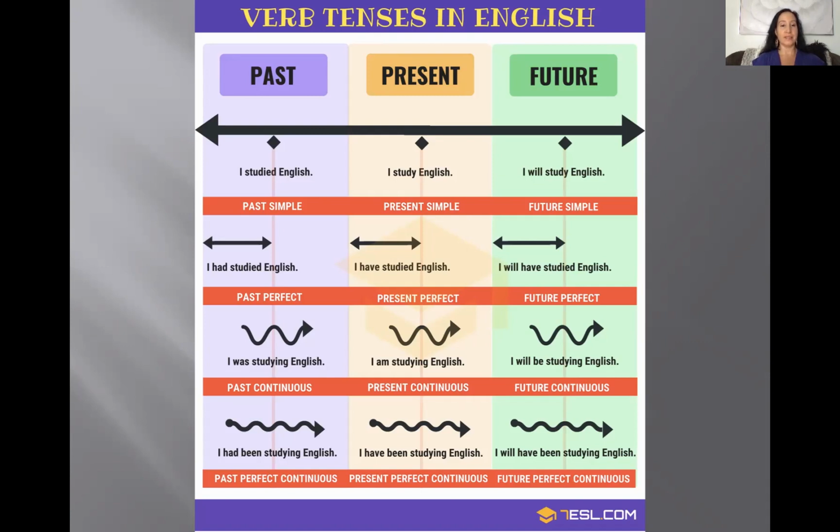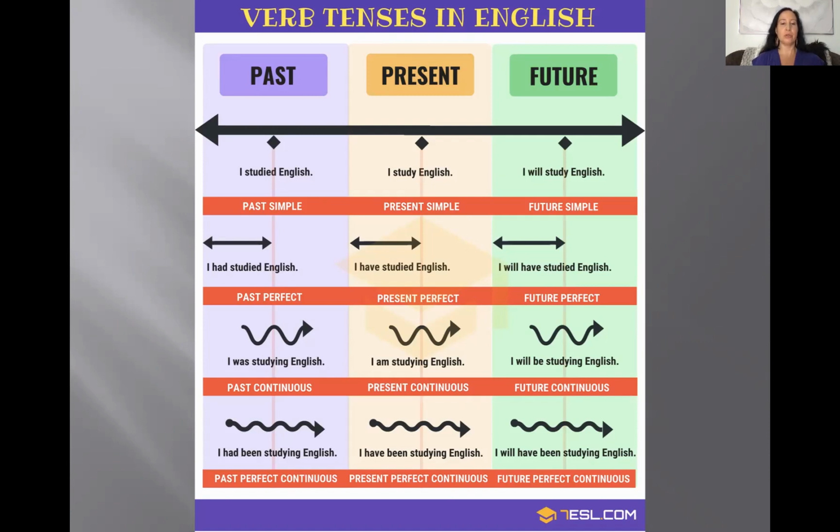Now we have the past continuous, okay? Past continuous. So the biggest word is was. I was, because that's the past tense. But we're using studying because it happened not only in the past tense, it's also happening continuously in the future, but more so in the present tense.